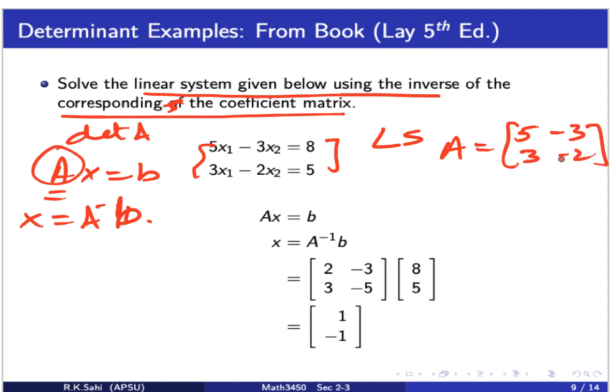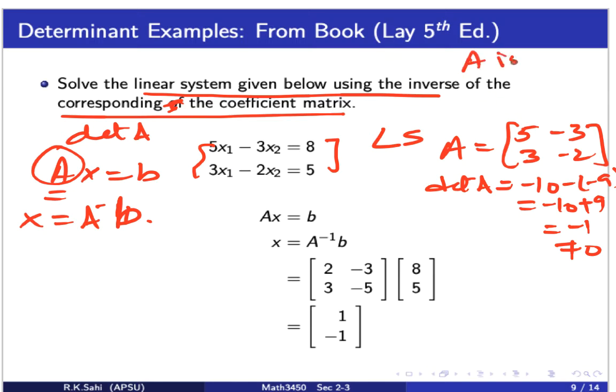What's the determinant of this matrix? Determinant of A is -10, negative of -9, which is a positive 9, so -10 plus 9 gives me -1, which is definitely different than 0. Then by theorem number 4, we say, hey, A is invertible.